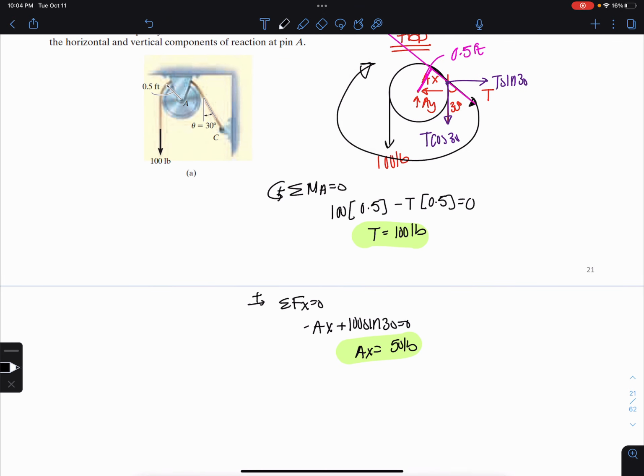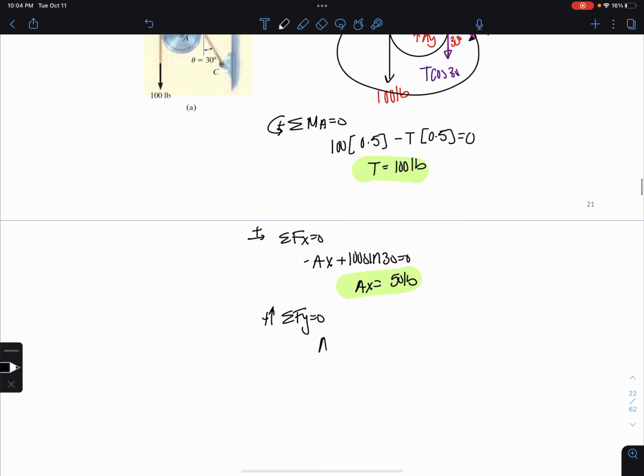And then lastly, I have the summation of Fy equals 0. Up is positive, and I get Ay minus 100 sine 30 equals 0, and Ay equals 187 pounds.